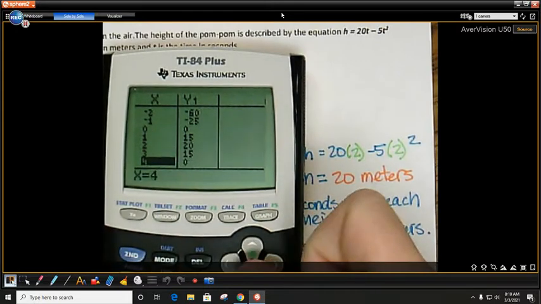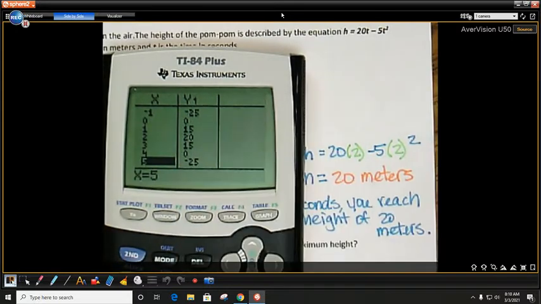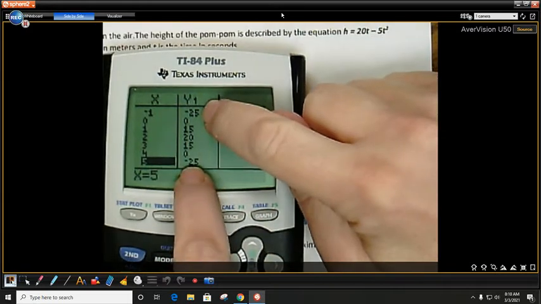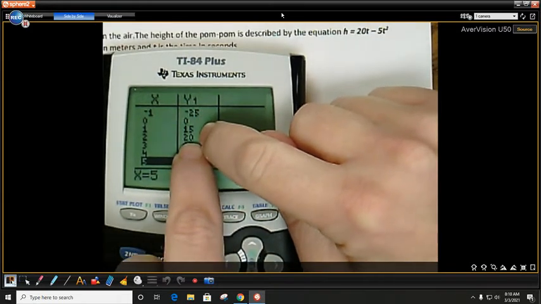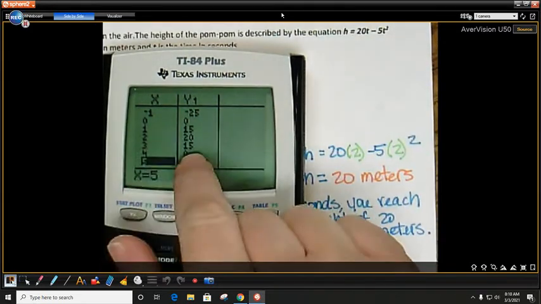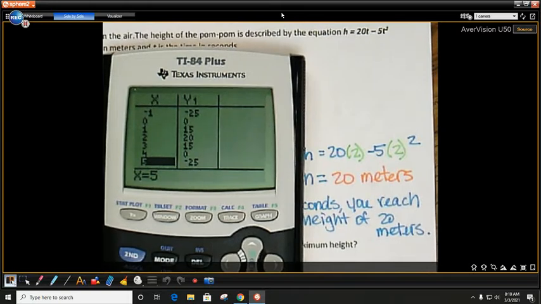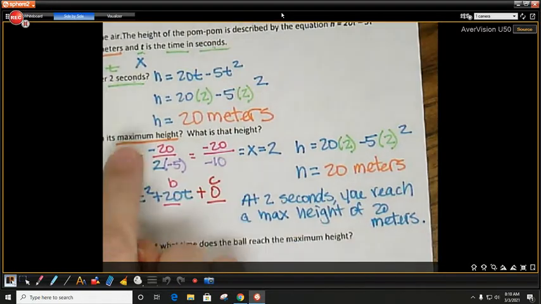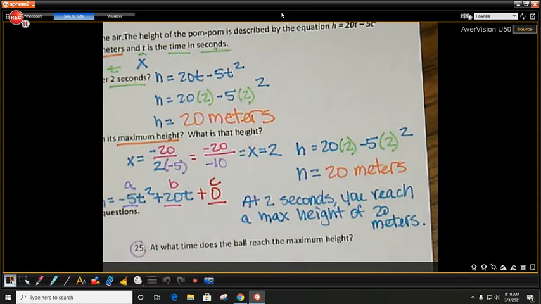Also, you can look, is that (2, 20) your vertex? Is it being sandwiched by pairs of y values that match? It is, so that (2, 20) is my vertex. And remember, your max and min always happen at the vertex. So if we're asking for the max, we're looking for where the vertex is. And our calculator confirmed that our vertex is at (2, 20). So we know our answer is correct.